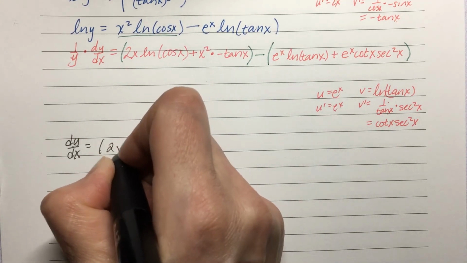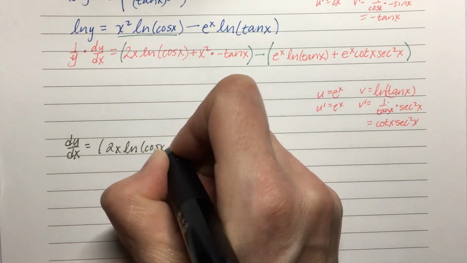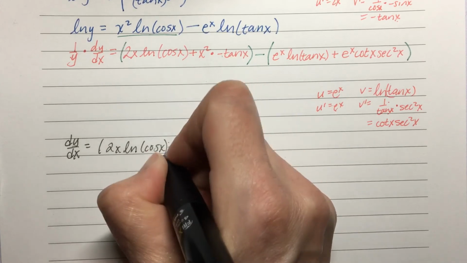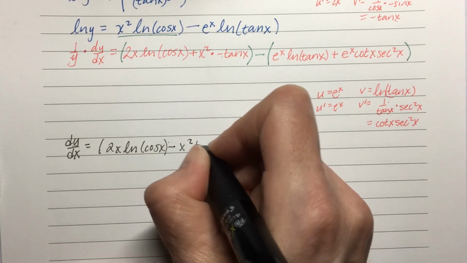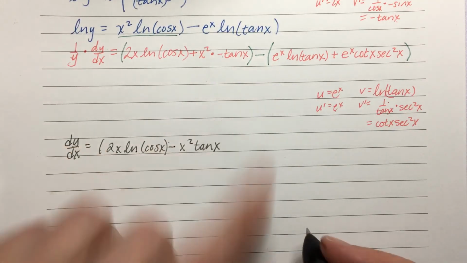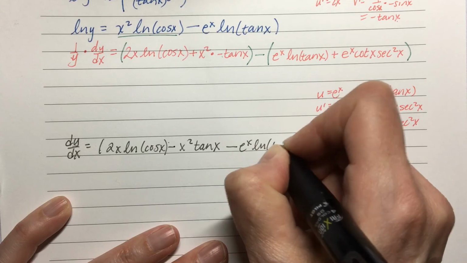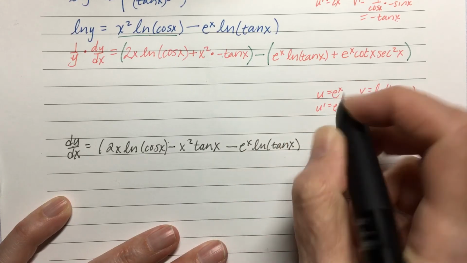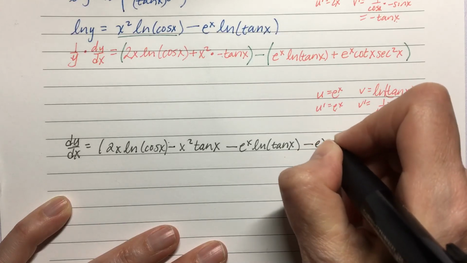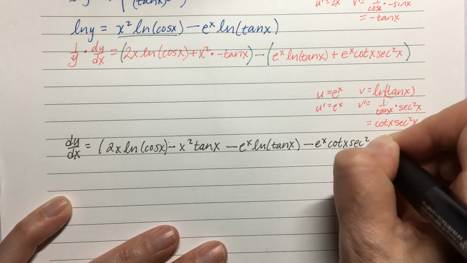So 2x natural log of cosine x minus, I'm going to clean that up a little bit, x squared tangent x. And then I have minus e to the x natural log tangent x, and then minus that second piece, so minus e to the x cotangent x secant squared x.